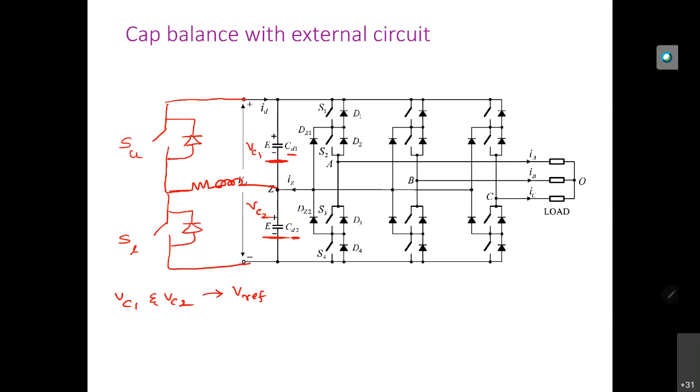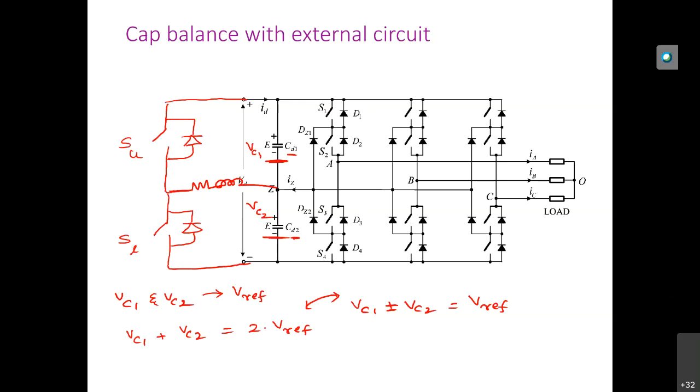Individually they need to maintain V reference, but as a sum they must maintain 2 times the V reference. Based on these two constraints, the firing signals for the upper and lower switches will be generated.